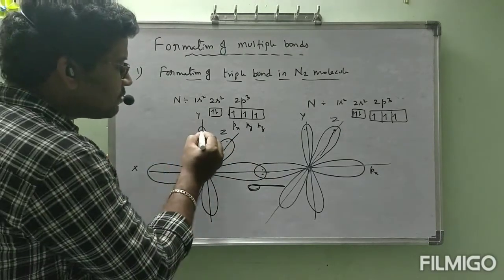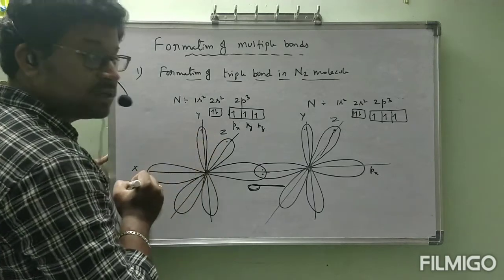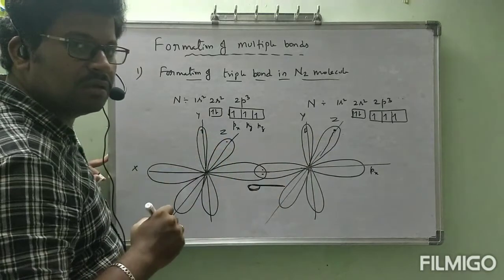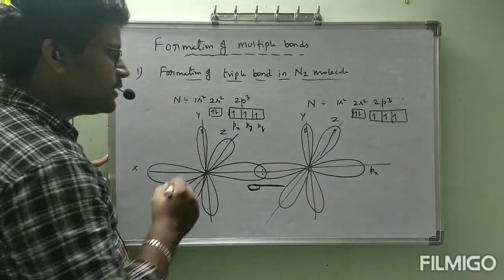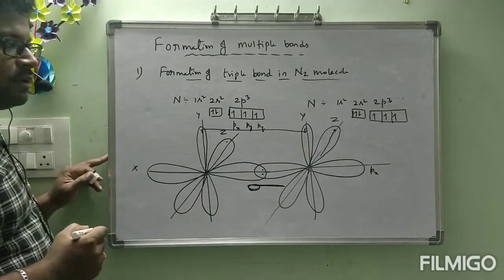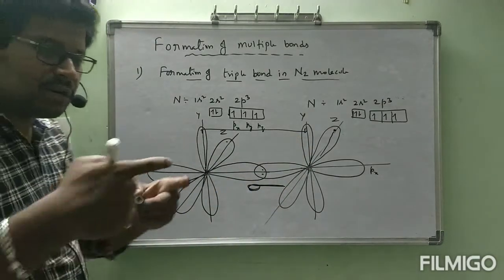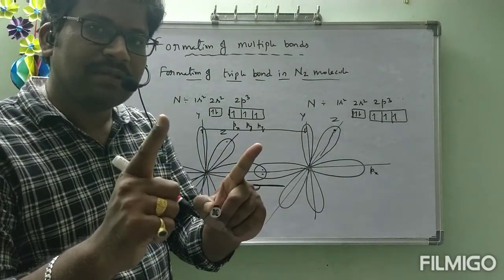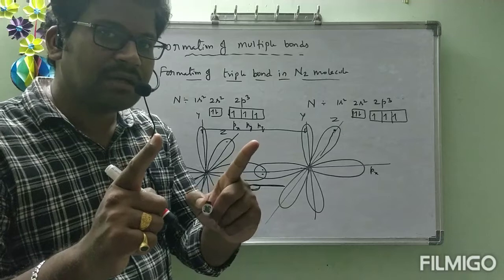But the electron present in the first nitrogen atom spins clockwise, and in the second nitrogen atom it will change to the opposite spin, anti-clockwise. Then those two will be attracted partially. That is not complete overlapping. They will be present like this only. One electron spins clockwise, the other spins anti-clockwise.